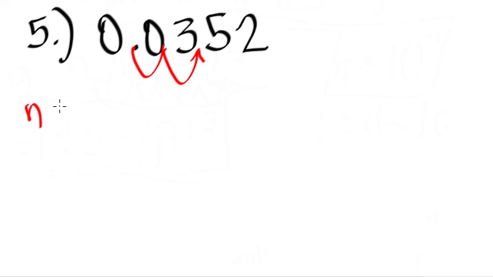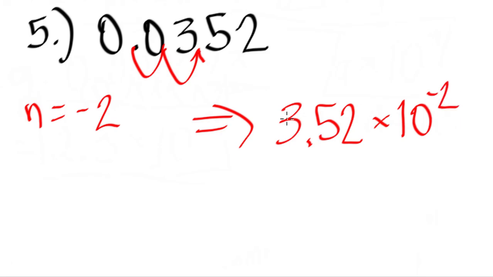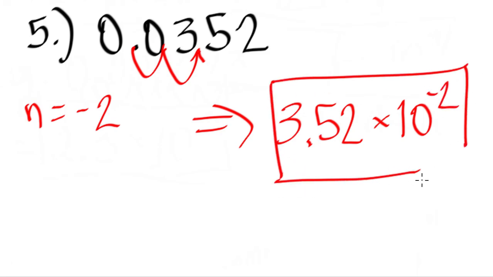So our n is minus 2 since we went to the right. This can be rewritten as 3.52 times 10 raised to minus 2. This is our answer for number 5. Hope you got it right.